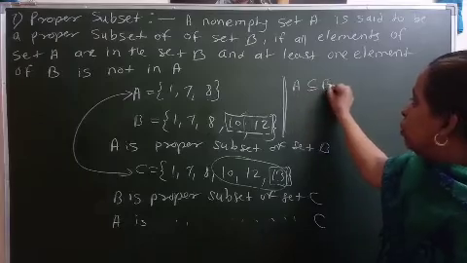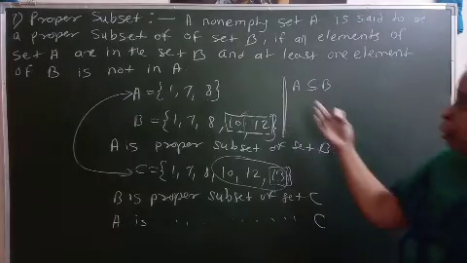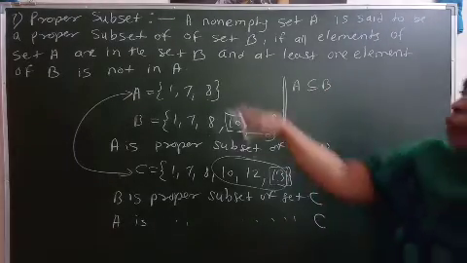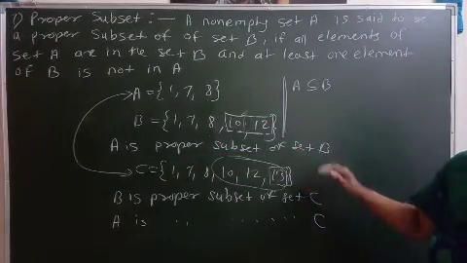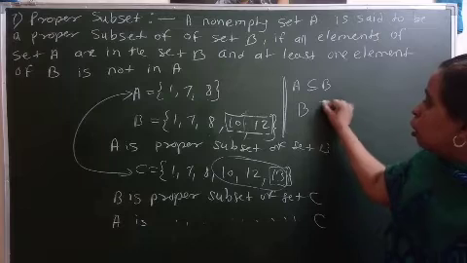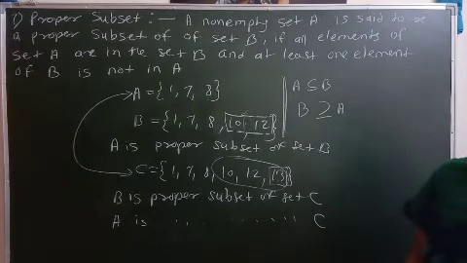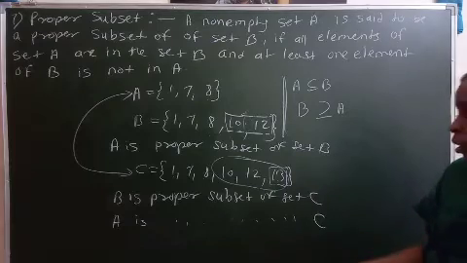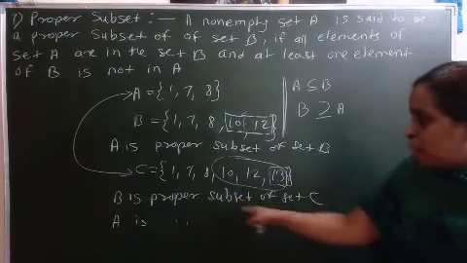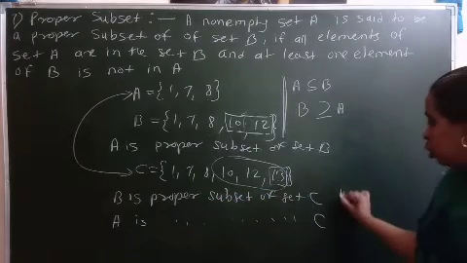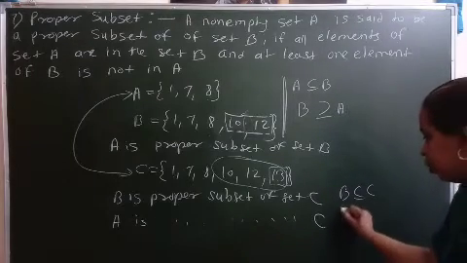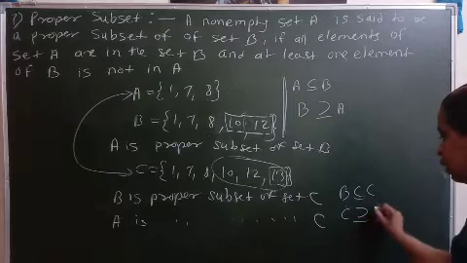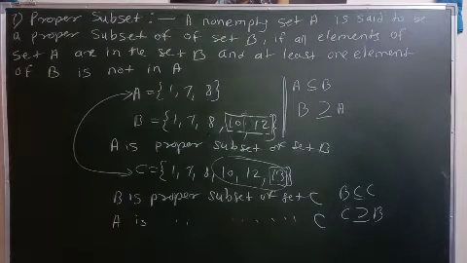A is सबसेट ऑफ B, बरोबर आहे का? सबसेटच्या डेफिनेशन प्रमाणे A is सबसेट ऑफ B. अगेन प्रॉपर सबसेटच्या डेफिनेशन प्रमाणे A is proper subset of set B. Now this B is called superset of set A. या B ला आपण A चा सुपरसेट म्हणू शकतो. तसंच इथं काय होईल बघा, B is proper subset of C means B is subset of C. उलट काय होईल, C is superset of B. हे पण होईल ना.